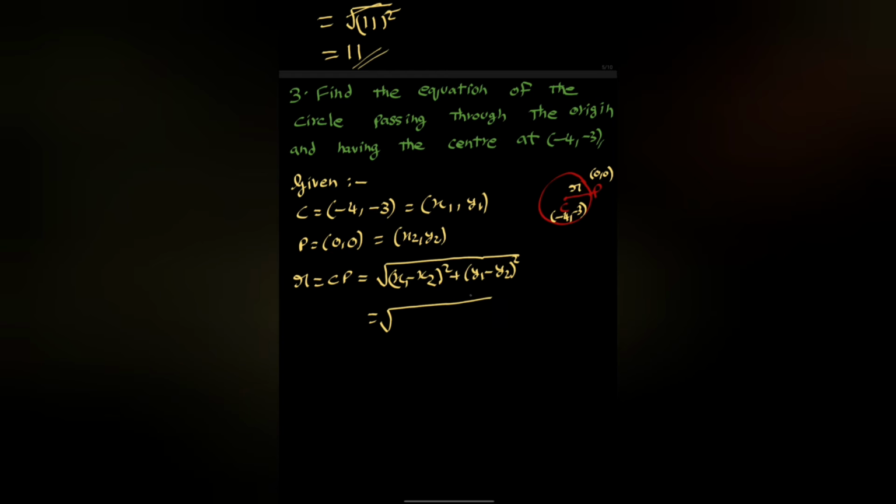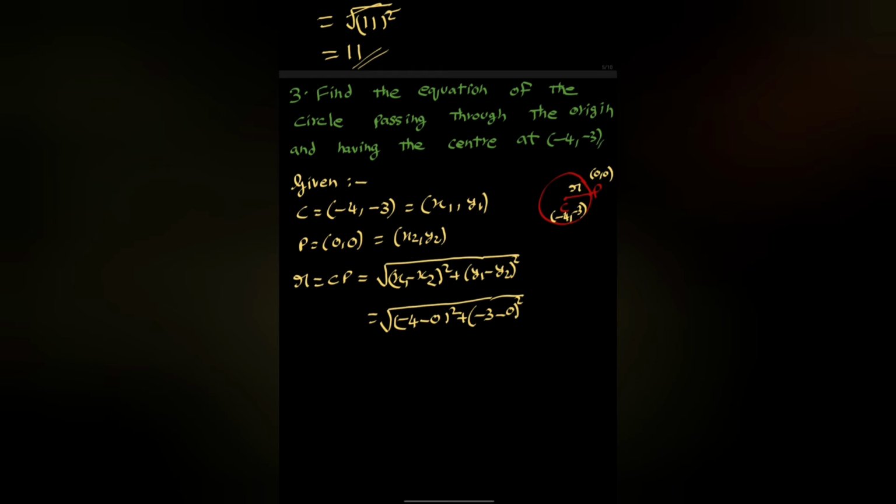Then root over minus 4 minus 0 whole square plus minus 3 minus 0 whole square, that is root over minus 4 whole square plus minus 3 whole square.